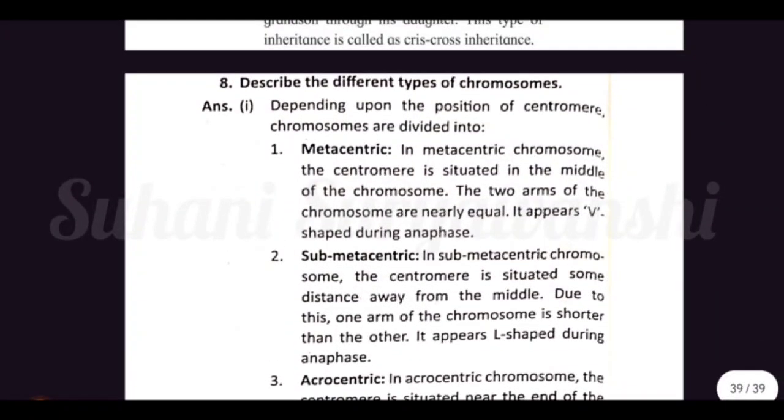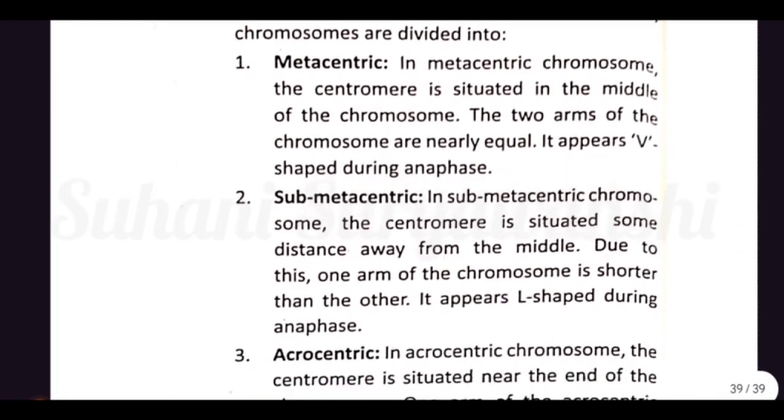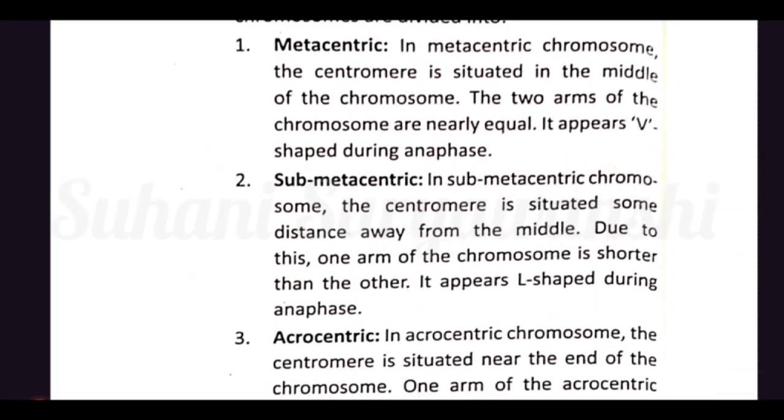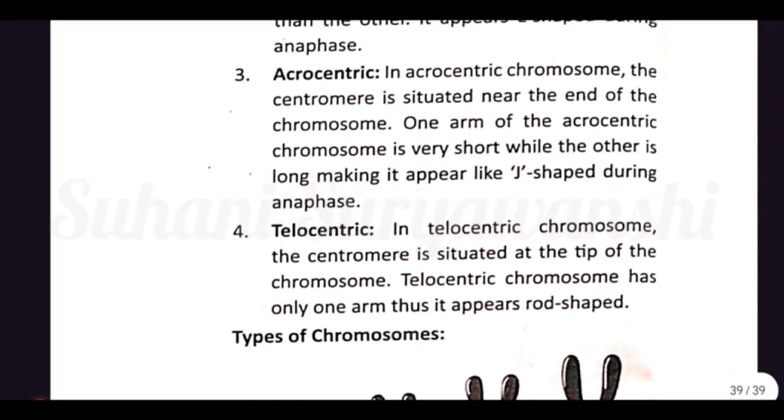Done. Describe different types of chromosomes. Depending upon the position of centromere, chromosomes are divided into the following types. First is metacentric. In metacentric chromosome, the centromere is situated in the middle of the chromosome. The two arms are of equal length. Submetacentric, here the centromere is situated some distance away from the middle and one arm is shorter than the other, like L. Next is acrocentric.